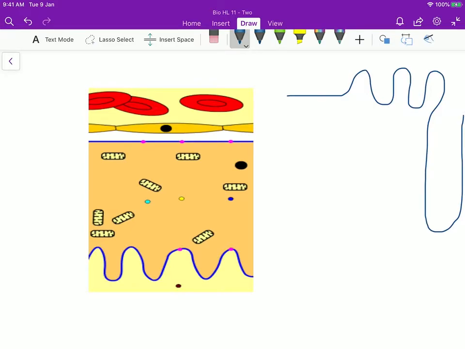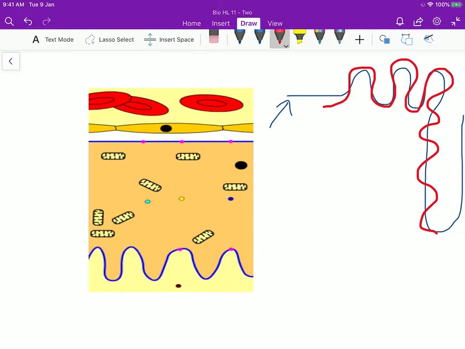So we're kind of zooming in onto this tubule. Now surrounding the tubule will also be blood vessels. So blood vessels will be running close to this convoluted tubule and all the other bits, so that we can get absorption into the blood from the proximal convoluted tubule.